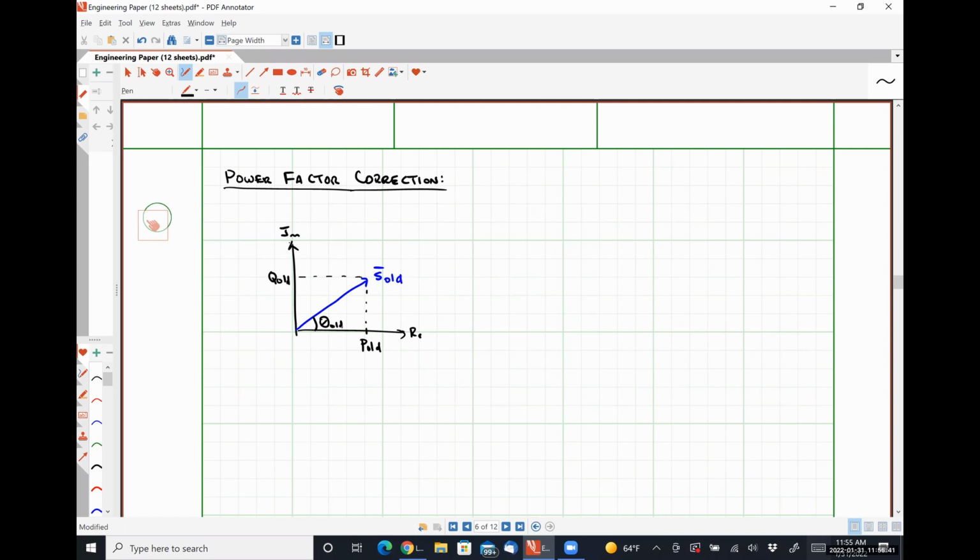All right. So if this particular load is operating at too low of a power factor, let's just say for the sake of argument, somewhere around 0.6, and we wanted to increase the power factor, would we need to make that angle theta larger or smaller?